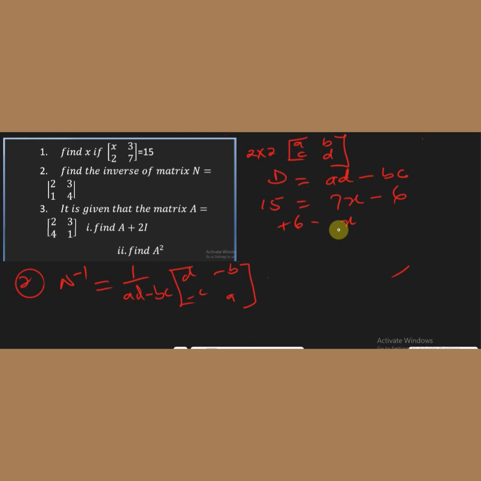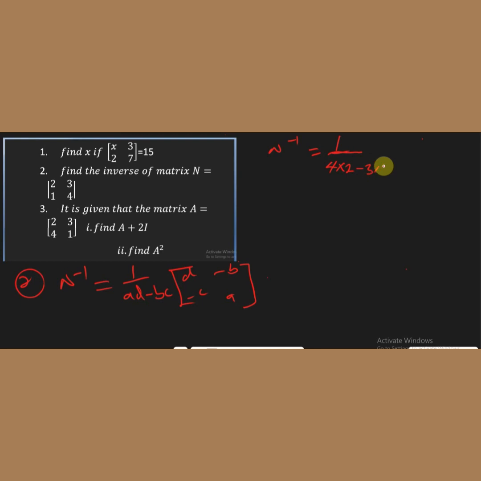So doing that, I will have the inverse of N equal to 1 divided by the determinant. I'm going to look for the determinant: 4 times 2 minus 3 times 1.